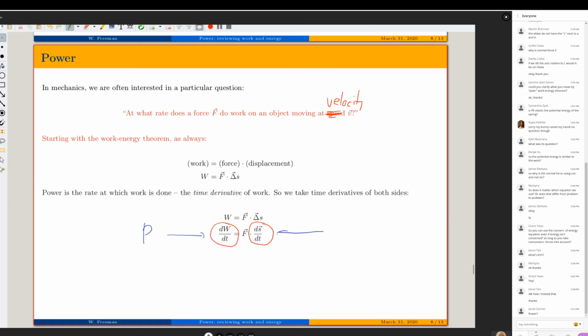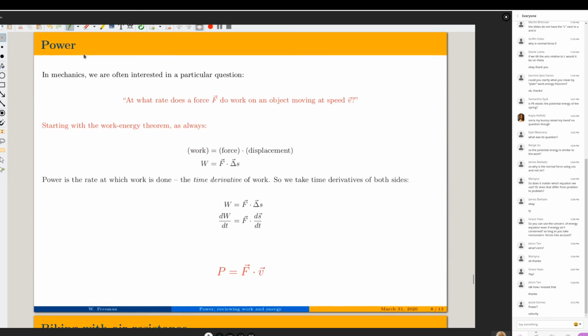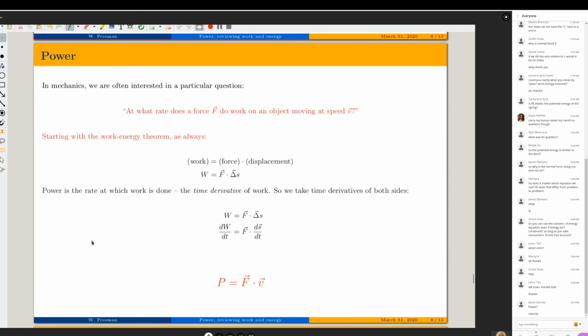What about the time derivative of displacement? Velocity. Yep. So another way to say this is that power is the dot product of force with velocity. This is the new principle from this unit that you will need. So in our remaining 7.5 minutes, I'd like to apply this to 2 examples.